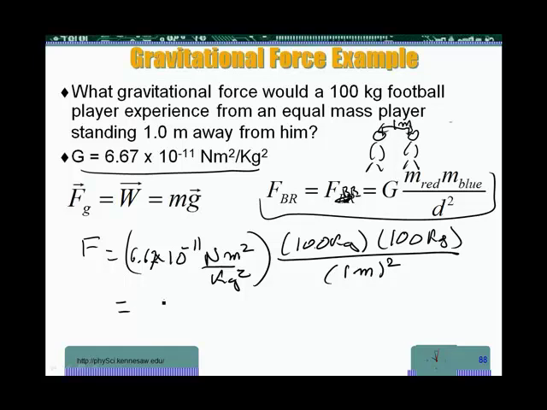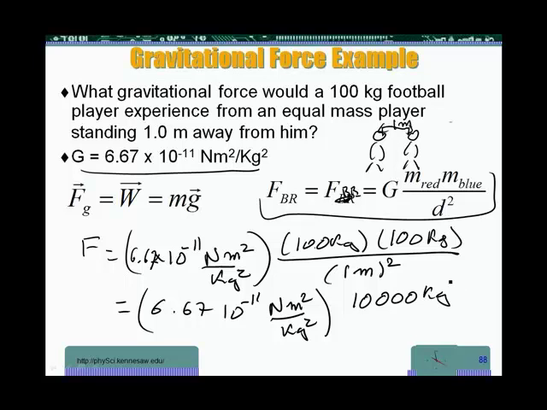So this is 6.67 times 10 to the minus 11 newton meter squared over kilogram squared, times 10,000 kilogram squared over 1 meter squared. You notice here the meter squared is going to cancel with this one, the kilogram squared is going to cancel with this one, and we are left with newtons. And we have 6.67 times 10 to the minus 11 times 10,000 over 1.